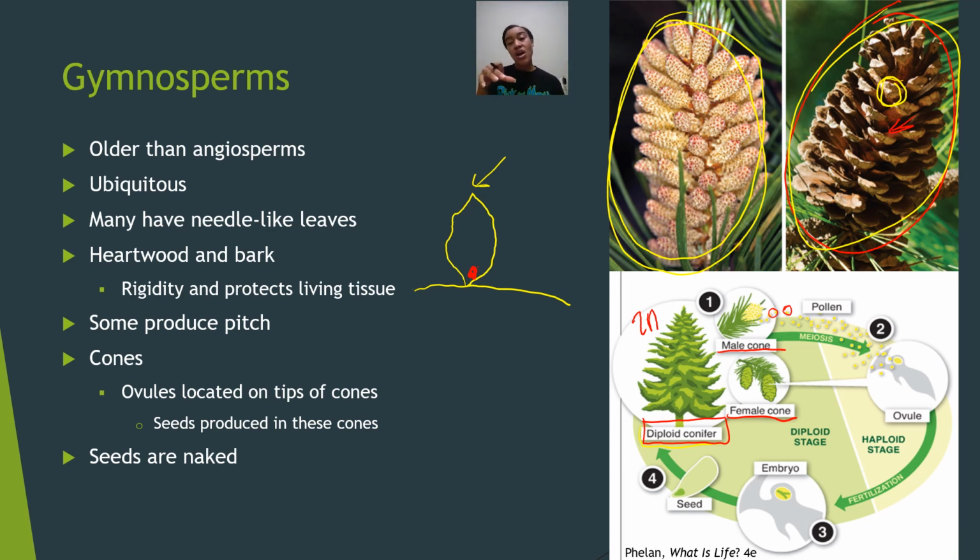Once it's close to the ovule, it will produce a pollen tube, which will go from the pollen grain into the ovule, and will allow the sperm to travel through the pollen tube, through the ovule, to the egg, and fertilize the egg. Once the egg is fertilized, we end up with our diploid zygote, which will develop into an embryo and be encased in a seed.